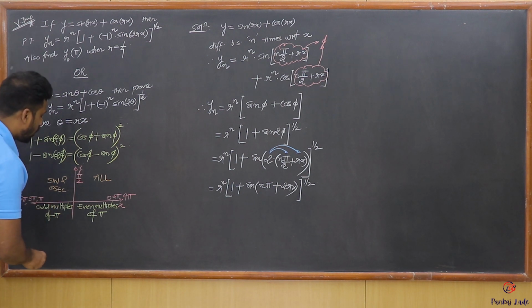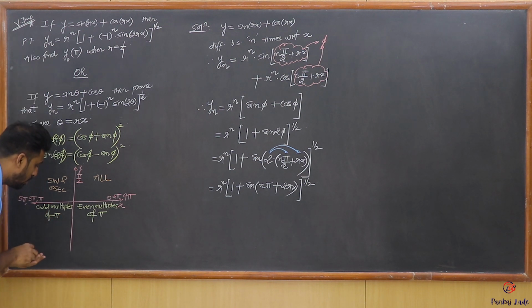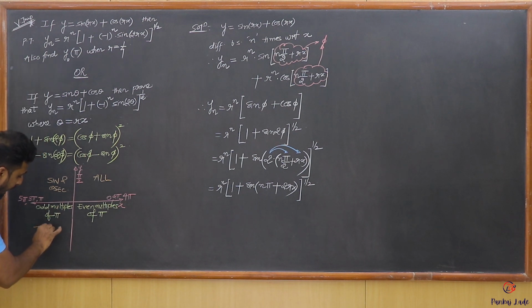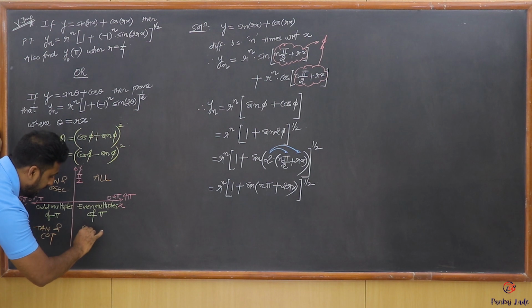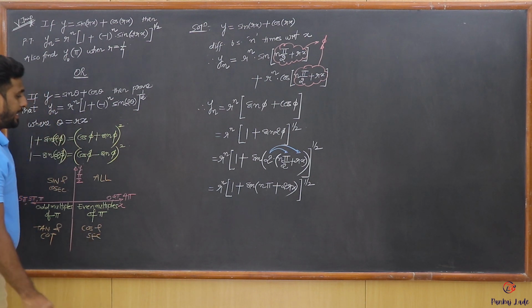What happens in the third quadrant, students? In the third quadrant, tan and cot are positive, and of course in the fourth quadrant, cos and sec are positive.